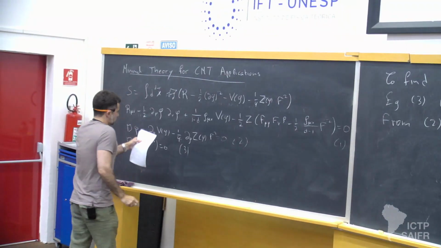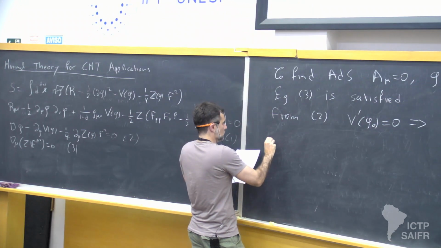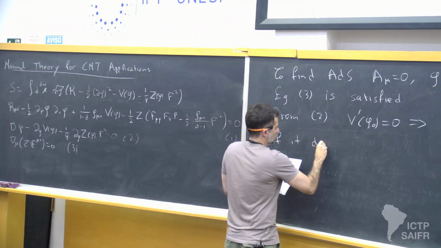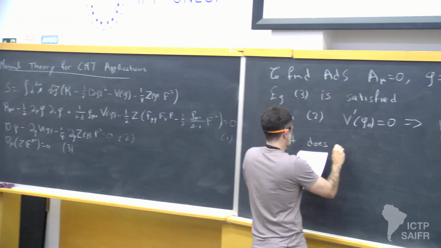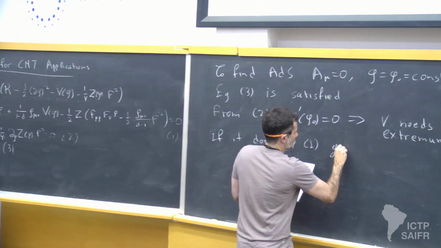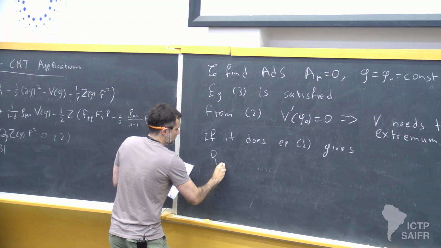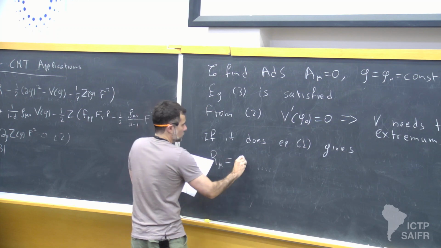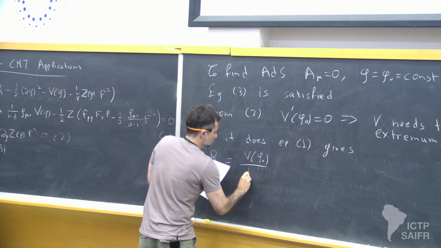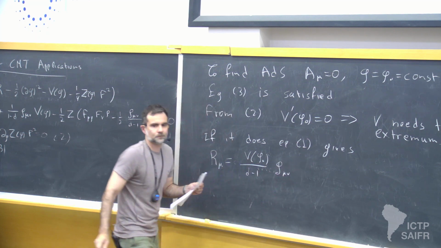Now, if I move on to equation 1, so if it does have an extremum, then equation 1 will give me that R mu nu would be equal to the value of the potential at this extremum divided by d minus 1 times g mu nu.